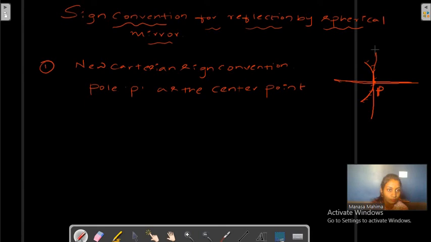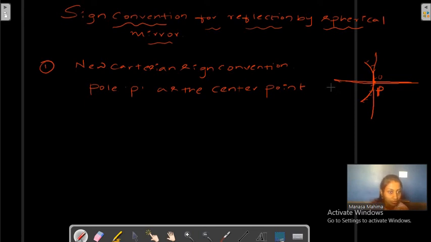As we know, when we are talking about coordinates, this is called the origin. Generally it is represented by O, but in this case it is represented by P. P is called the center of this new Cartesian sign convention.